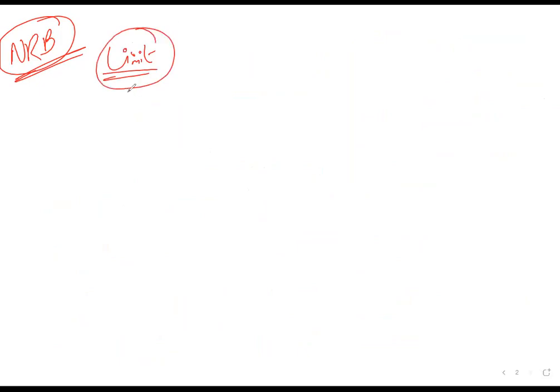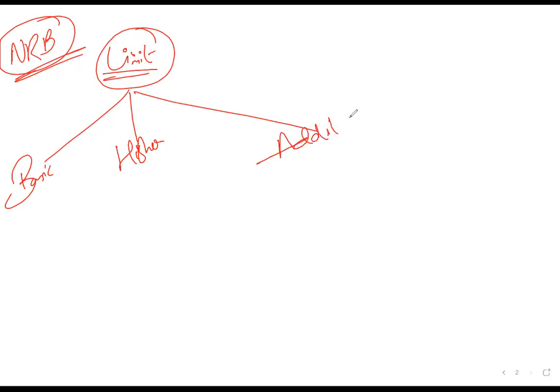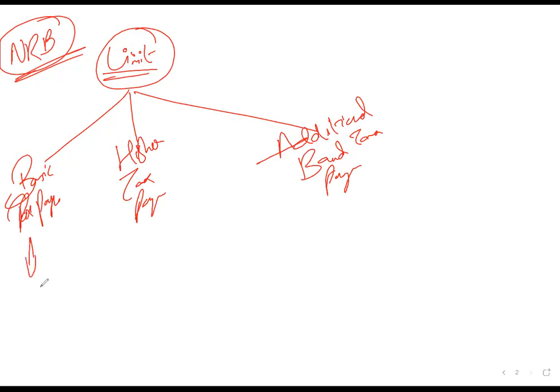It depends on your status. If you are a basic taxpayer, a higher taxpayer, or an additional band taxpayer. If you are a basic band taxpayer, your NRB nil rate band will be £1,000.